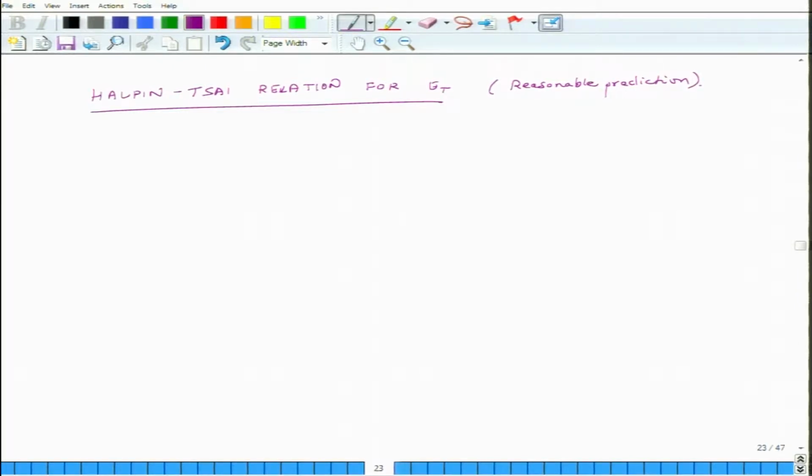What does this say? That if you want to compute ET, you can compute it using this relation, ET over EM equals 1 plus zeta eta Vf divided by this term, and this is a parameter.